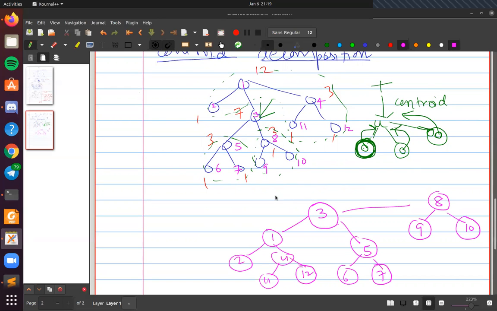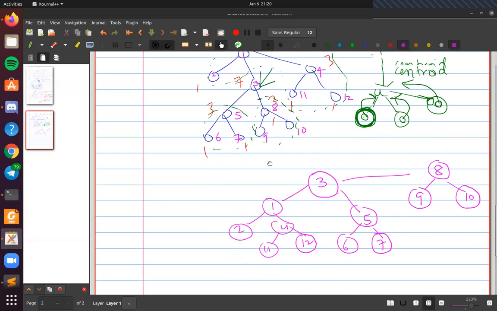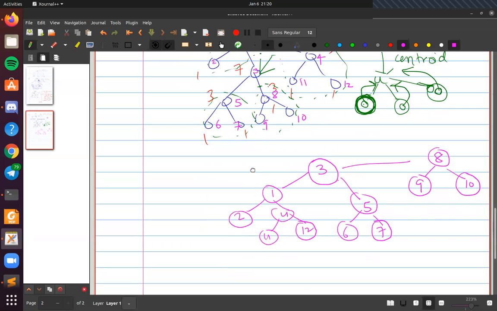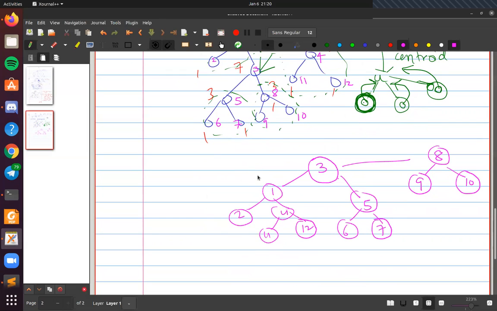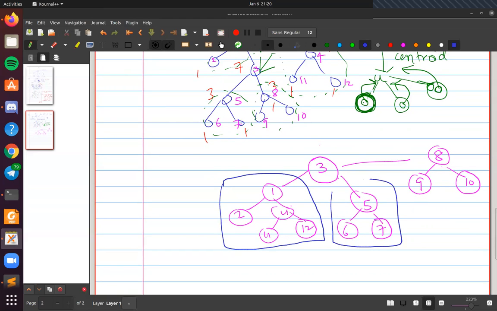So after one step, this is the tree we have formed. This is our centroid, and this is the original tree. Now we repeat the process for this part, this part, and this part independently.